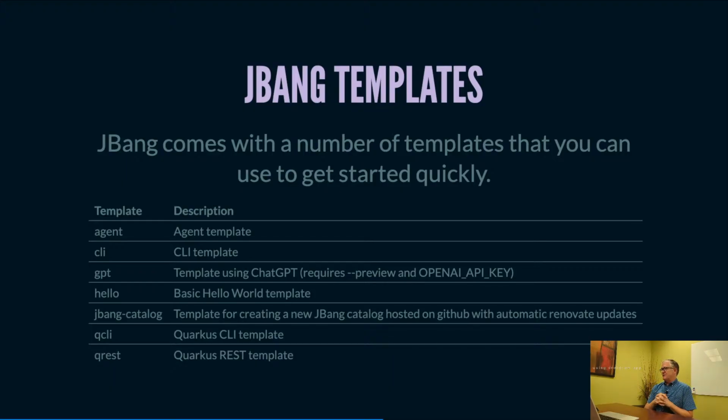QCLI and QREST, as you can imagine, come from a former Red Hatter, now IBMer, on the Quarkus team. So there's a lot of Quarkus influence on things. You don't have to use it, but he lives in that world daily, so it's a template.